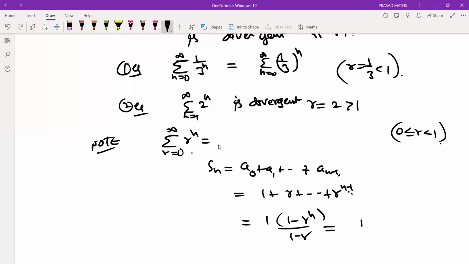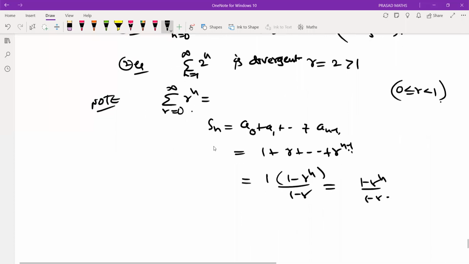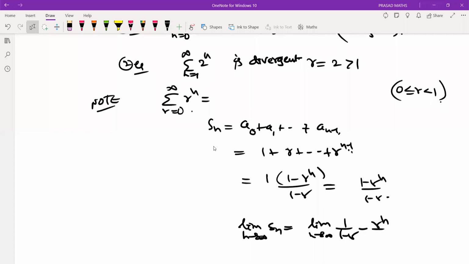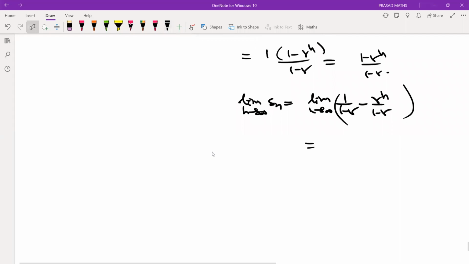Since we want the sum value, finding the limit value is enough. What is the limit? The limit of 1 by 1 minus r, times 1 minus r power n. 1 minus r is a constant. r power n, you know, r is less than 1, therefore r power n tends to 0, as you know that r is less than 1.